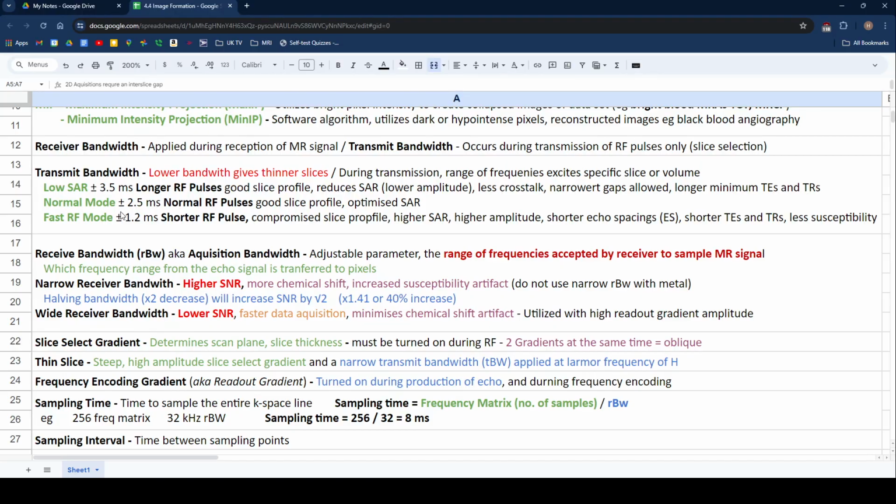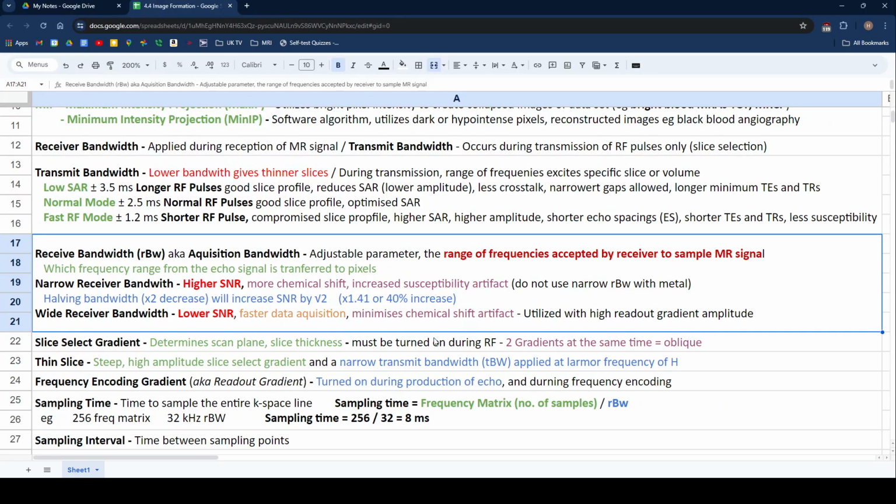Normal mode, plus or minus 2.5, has good slice profile and optimized SAR. Fast mode, plus or minus 1.2 milliseconds, has a shorter RF pulse, compromised slice profile, higher SAR, higher amplitude, shorter echo spacings, shorter TEs and TRs, and less susceptibility.